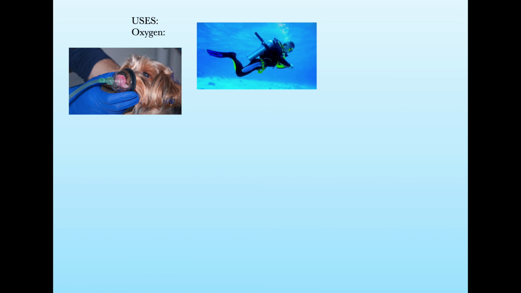And then once we've got the components, then we use them in lots of different contexts. So you have to remember some of these uses. Oxygen, for example, is used to help animals, humans, dogs, to help them breathe. Okay? Also, we go diving. We go scuba diving.